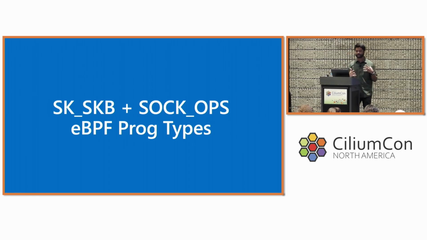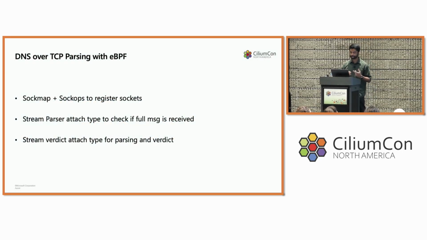There are actually two types of attachment points: stream parser and stream verdict.